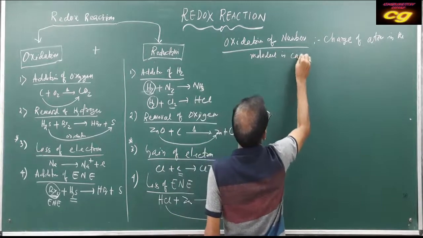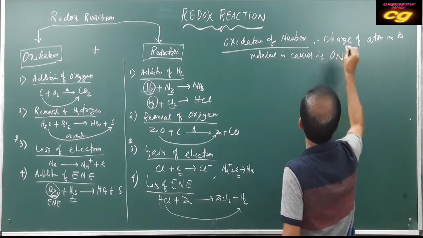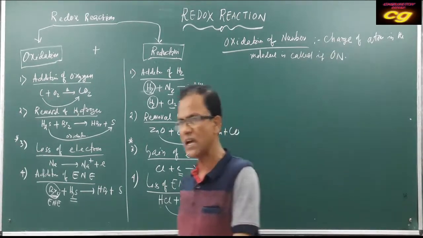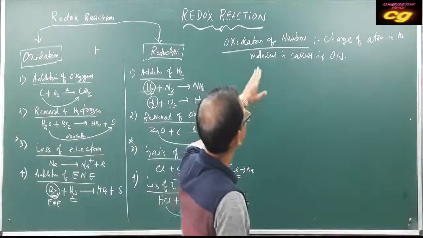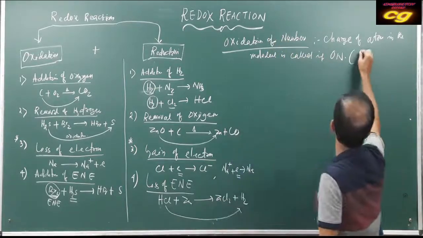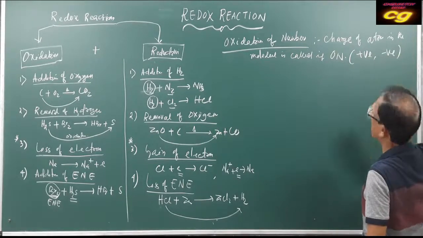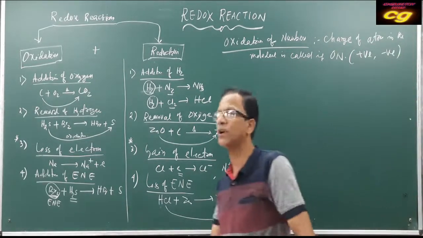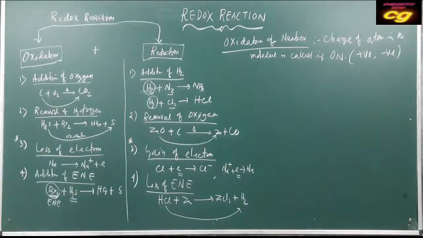What is the charge given on the atom in the molecule is called its oxidation number. It may be positive or it may be negative.